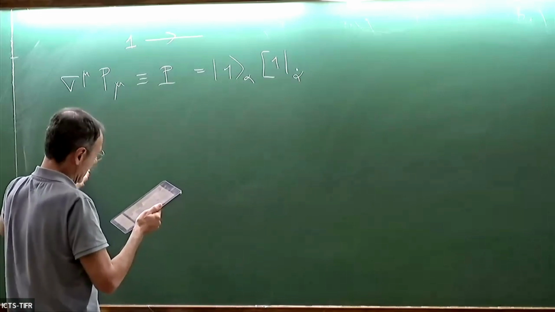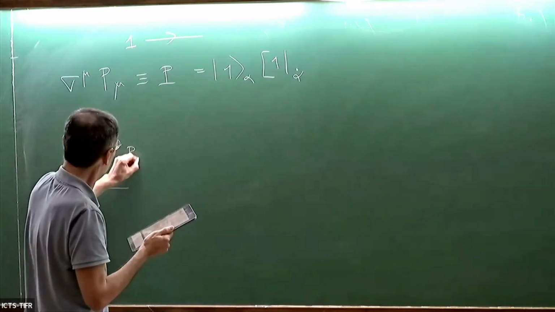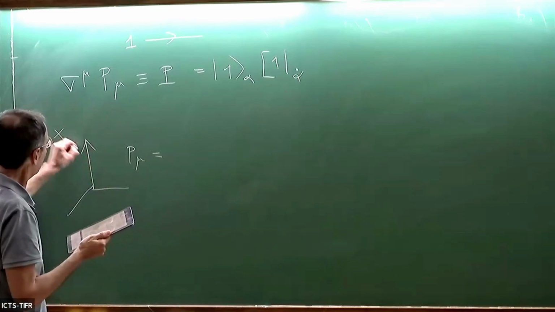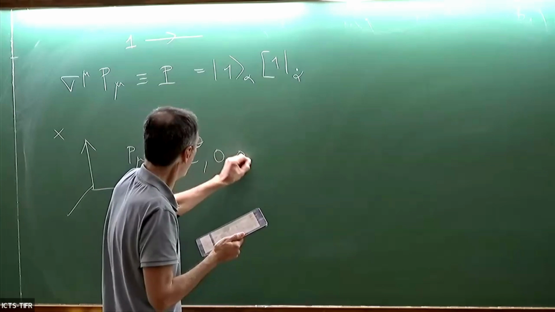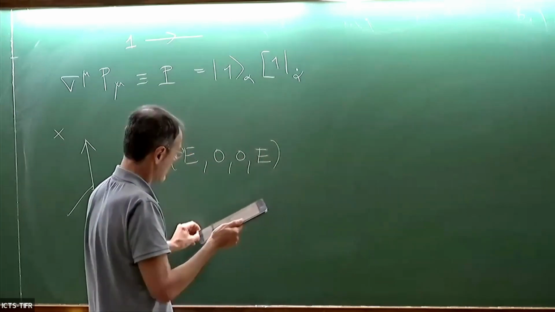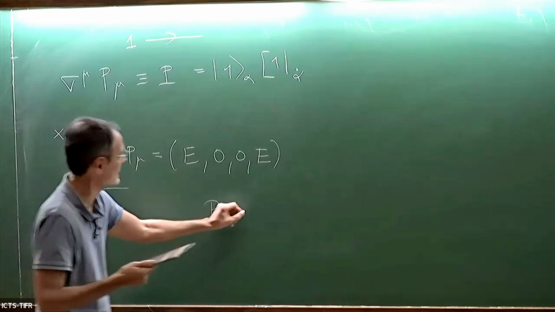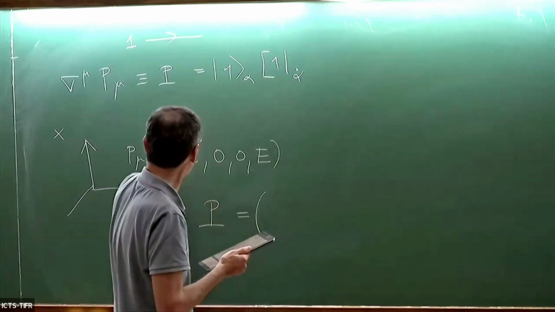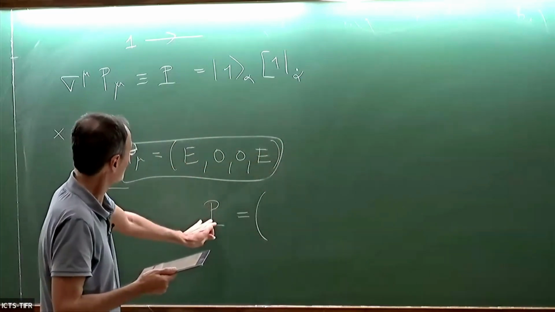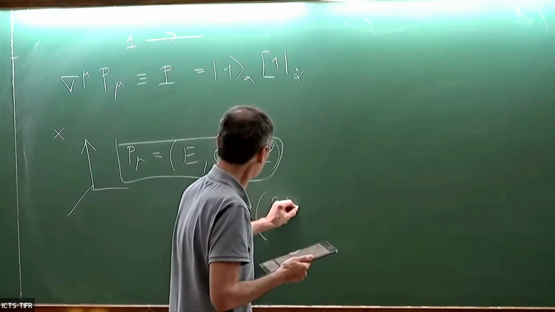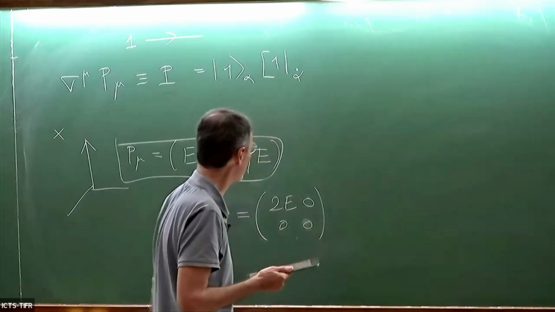To make it clear, for example, if I take the P mu of a particle moving in the x direction, E, E, 0, 0, the matrix P, with a bar down here to make it clear it's a matrix, in this case could be 2E, 0, 0, 0, following the definition I gave you.